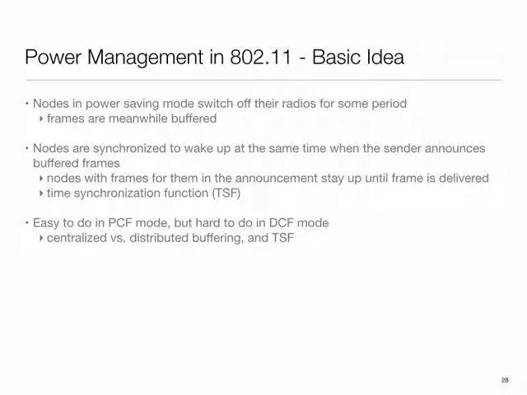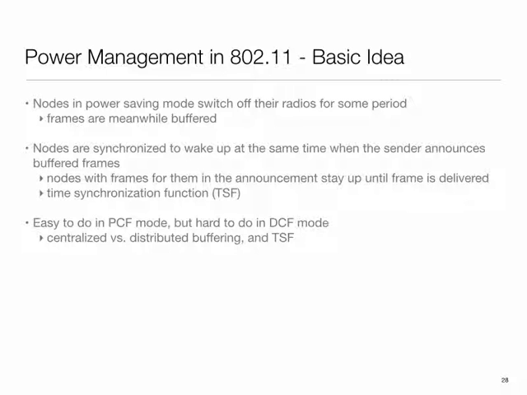The basic idea in power management, then, is that nodes in Wi-Fi which are in power management mode sleep, and meanwhile packets for them are buffered. If it is an access point kind of system, the access point buffers the packet, and nodes are synchronized using that PCF that I described. They wake up and ask, is there a packet for me?